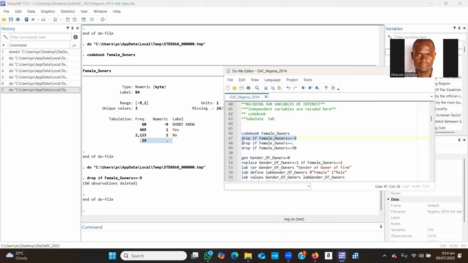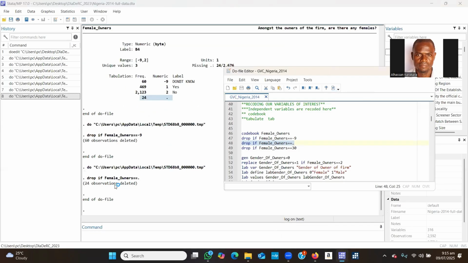You also have to drop the 24. So you type drop if female owners equals dot, because the numeric value here is dot. Stata will tell you that 24 observations deleted. So that is it for dropping those variables.